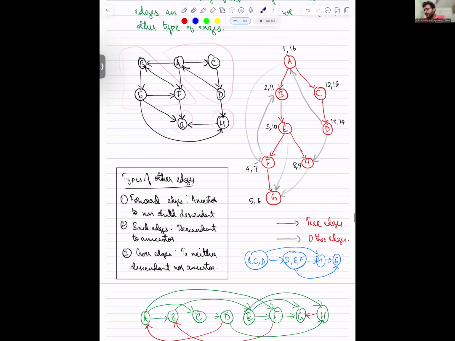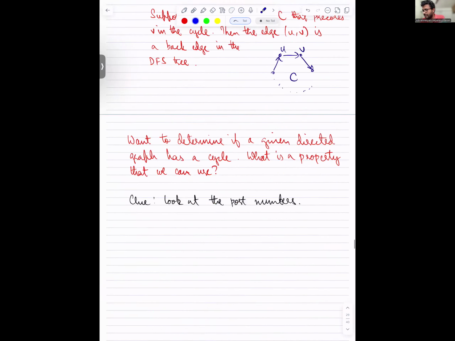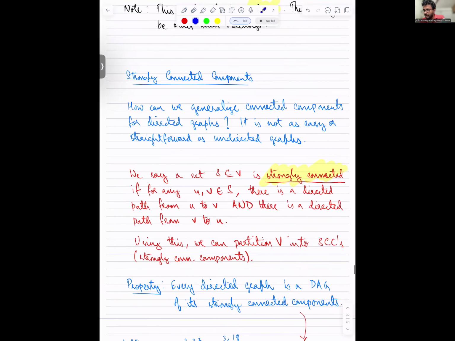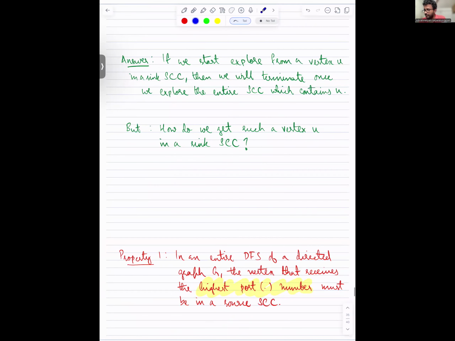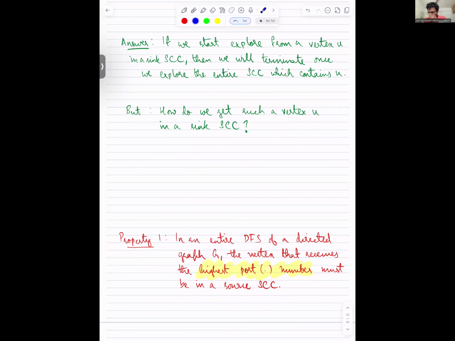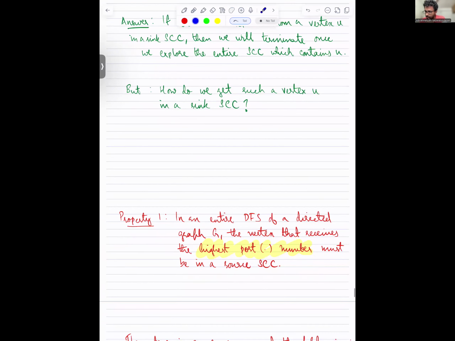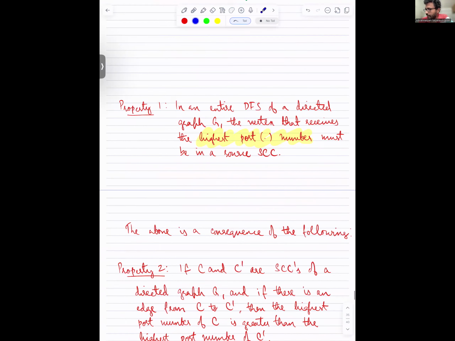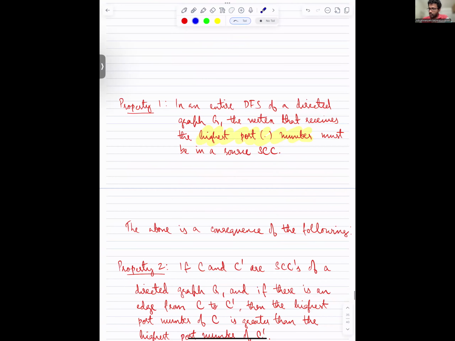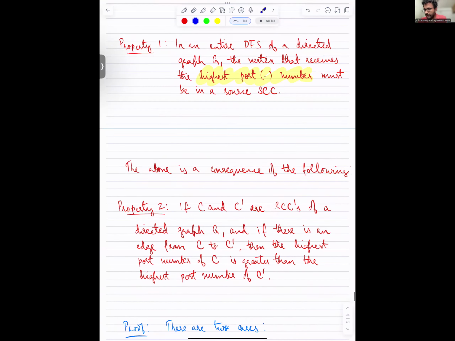Anyway, this is just to verify that this proposition is indeed correct. Now the question is, how do we show this? Okay, maybe we'll first show this.